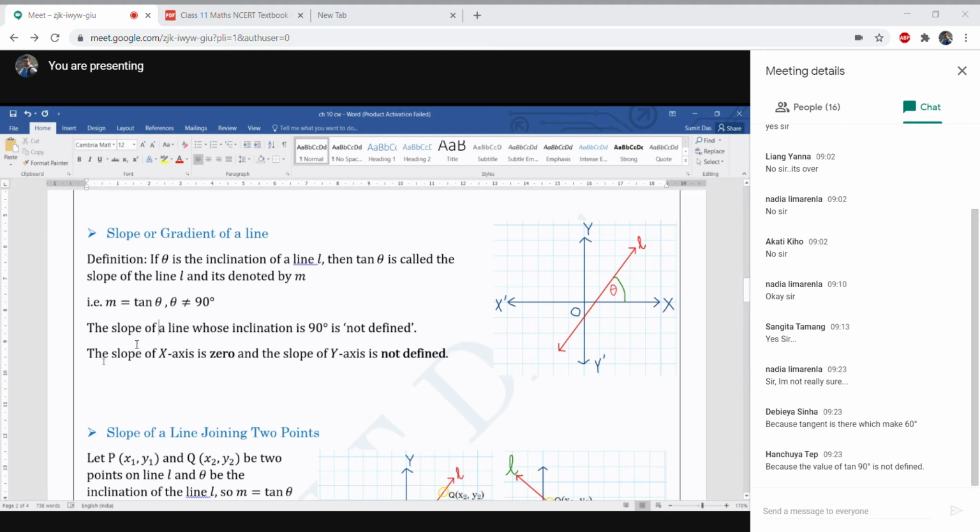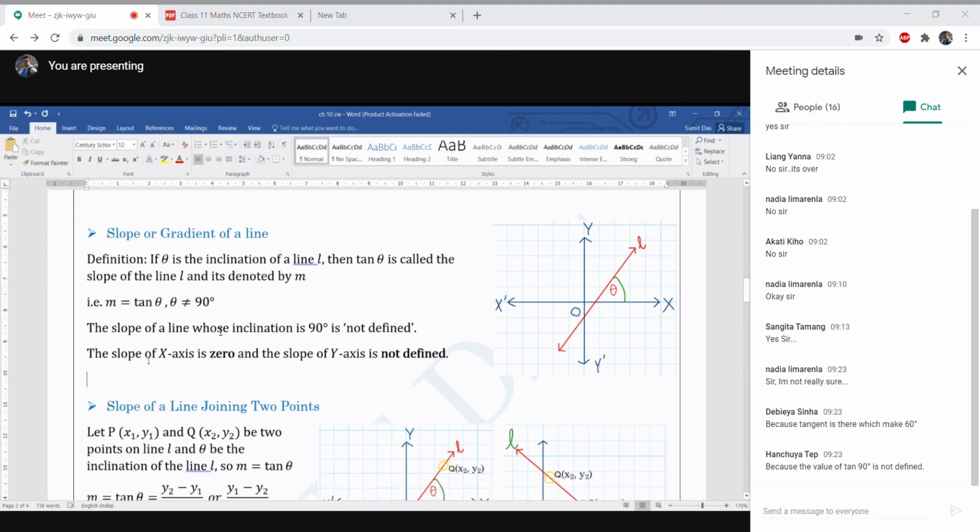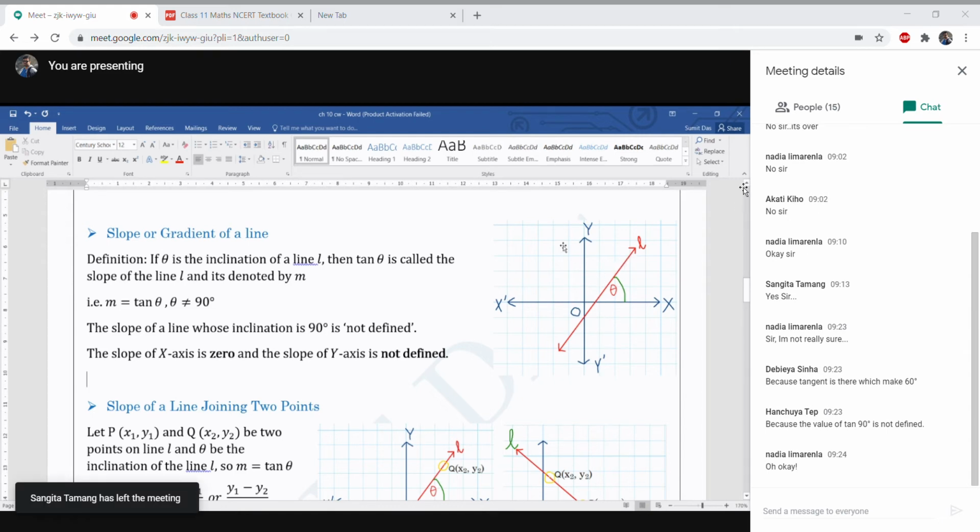The slope of the x-axis is 0. If a line is on the x-axis, how much angle will it make with the x-axis? 0. So tan 0 is 0, right? Similarly, the slope of the y-axis: suppose this line is on the y-axis, that means it is making a 90-degree inclination, so tan 90 is not defined.